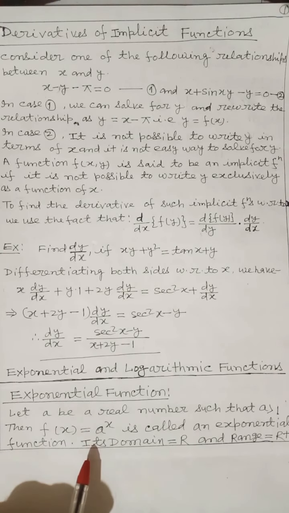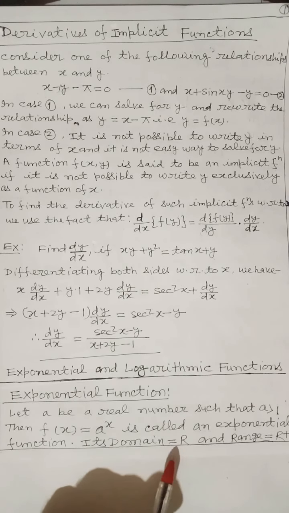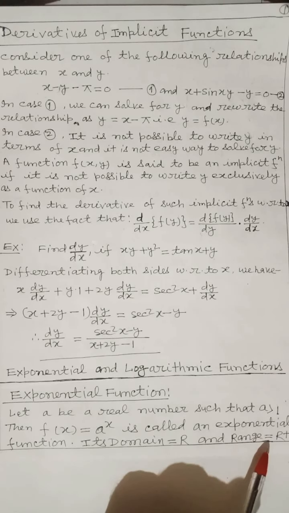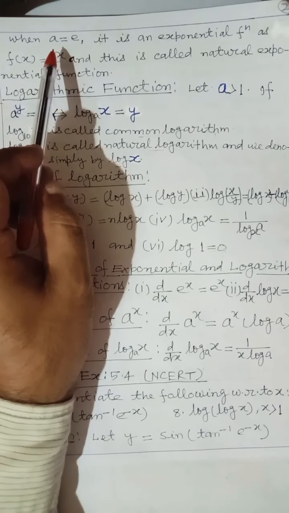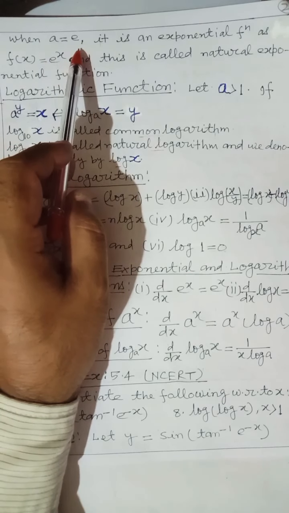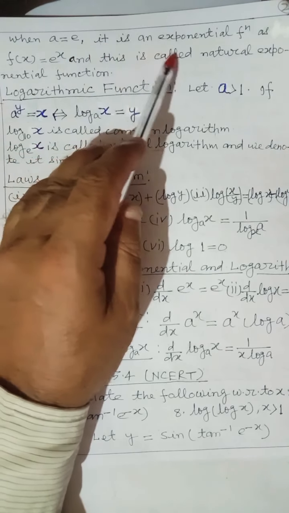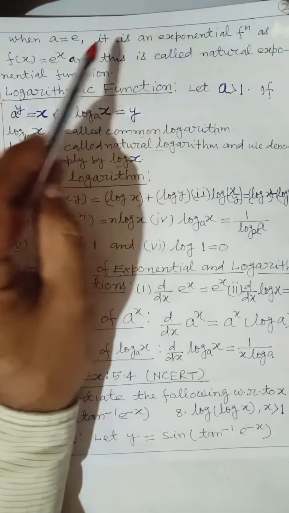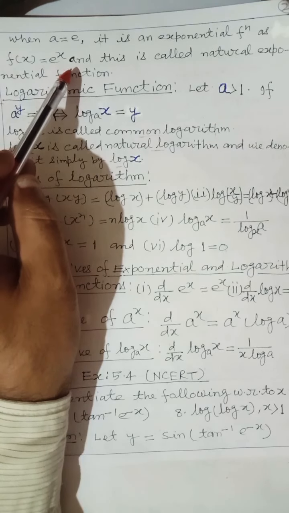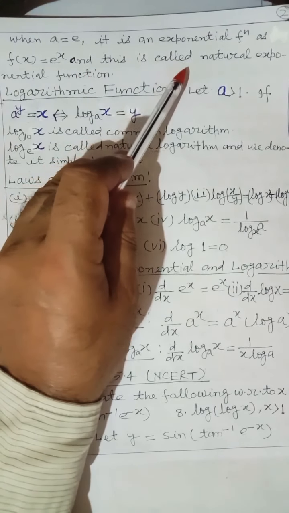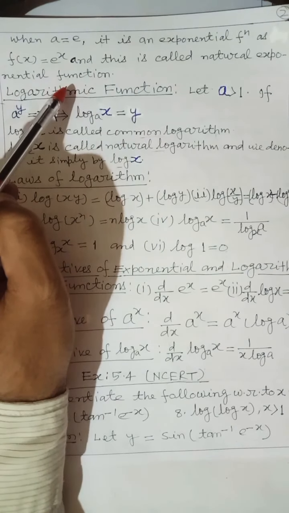Dear students, the domain of the exponential function is R and its range is R plus. When a is equal to e, the function is f(x) equal to e to power x, and it is called the natural exponential function.